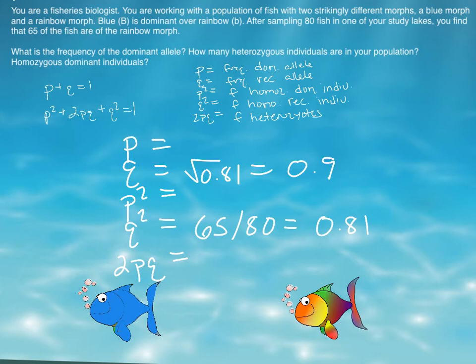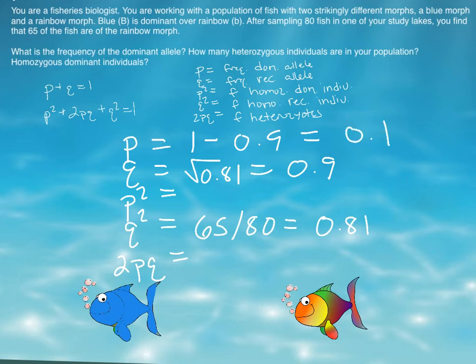Now that we know our q, we can simply solve for p, and all we have to do that is this equation here. So we solve for p: 1 minus 0.9 equals our p, and that gives us a p of 0.1.